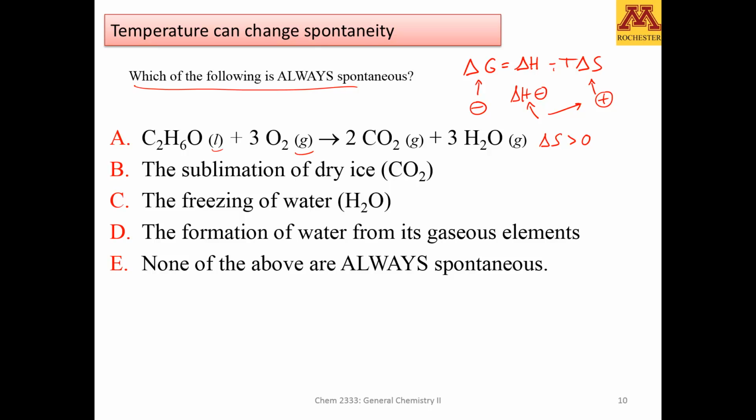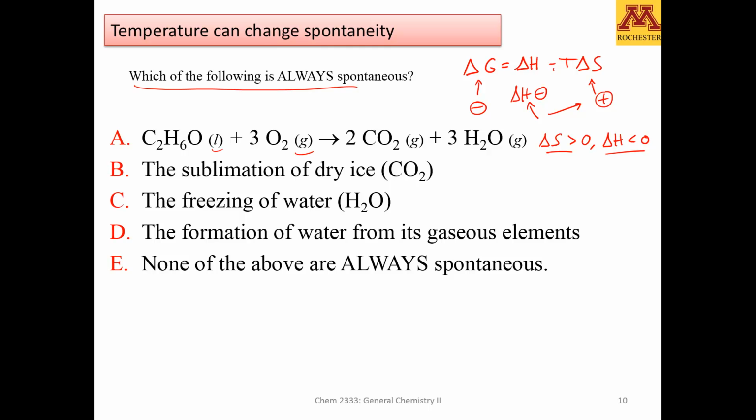You're burning ethanol liquid here. So this, as you well know, we're using ethanol for fuel. This releases heat. This is negative. Okay, so I think we already found our solution here. Let's make sure we find the other cases. Maybe there's more than one correct solution.